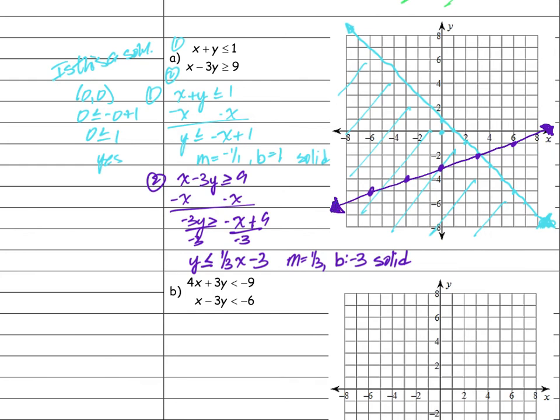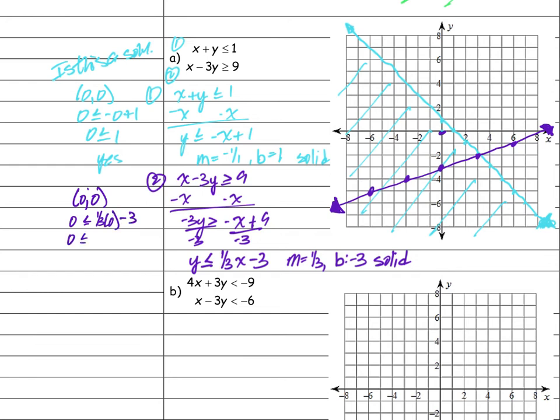All right, so there's my line. Pick a point not on the line. Again, I'm going to choose 0, 0 because it's not on my line. So I've got 0, 0. So 0 is less than or equal to 1/3 times 0 minus 3.